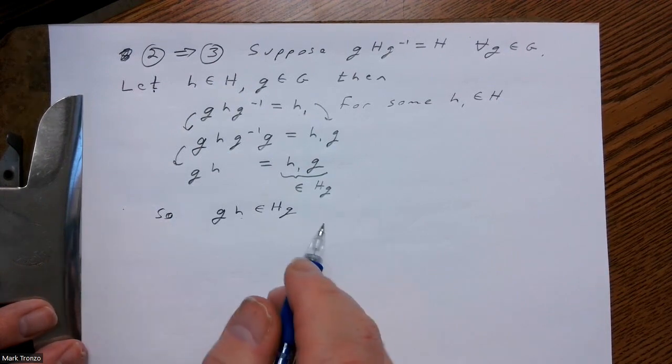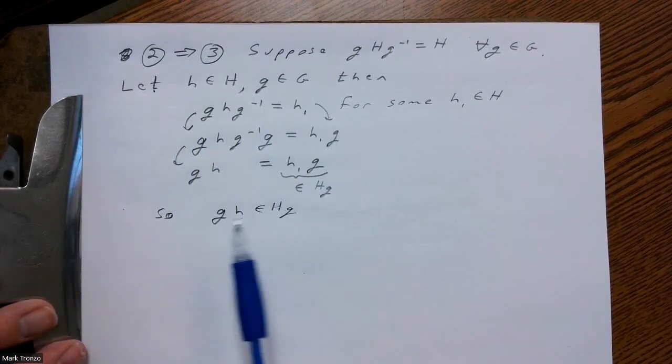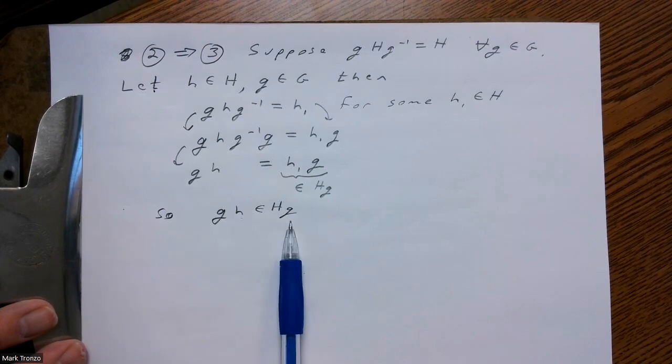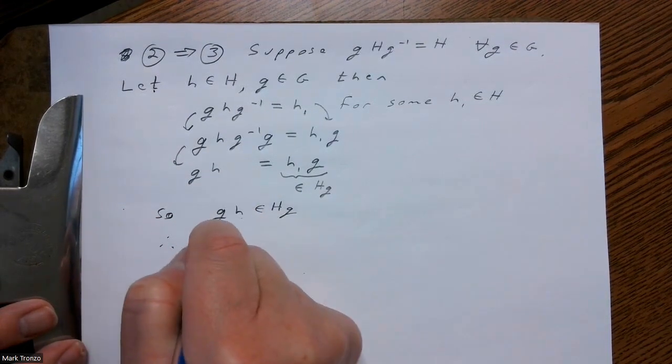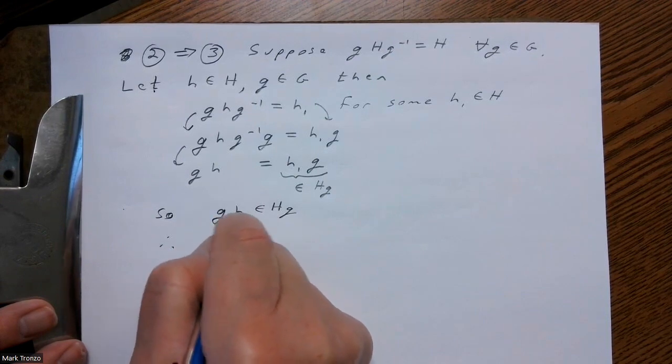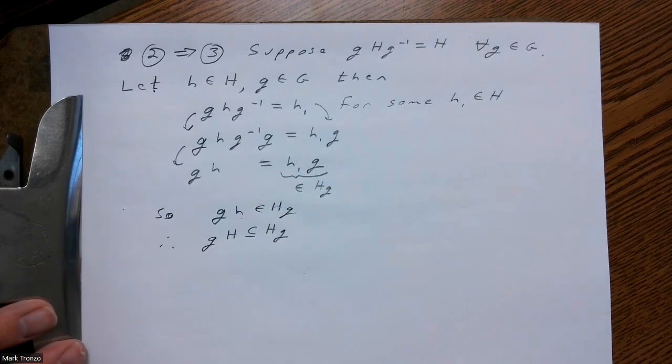So what we did, we picked two typical elements here and proved that they were in HG. So therefore, we can say that GH is a subset of HG like this.